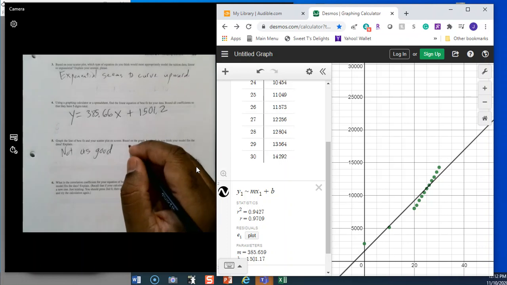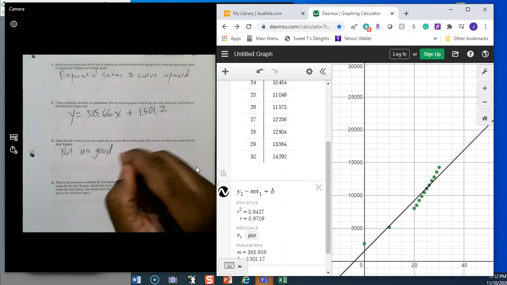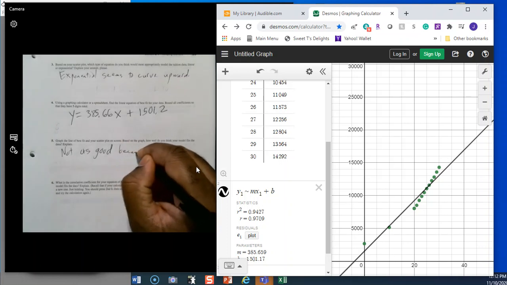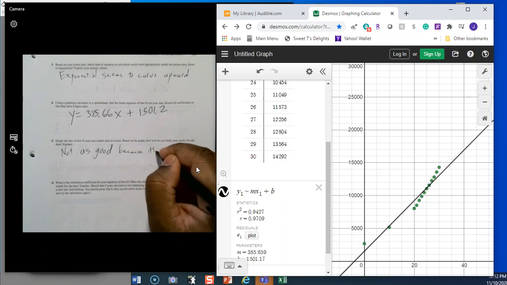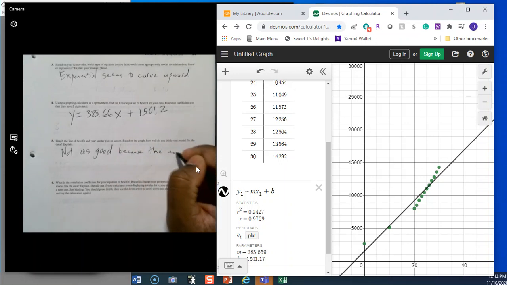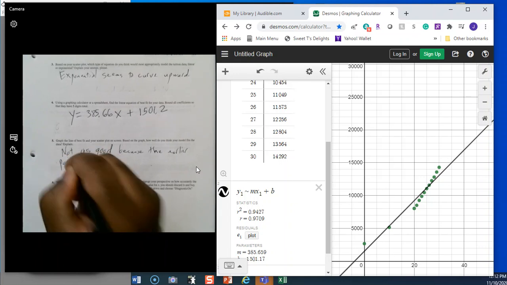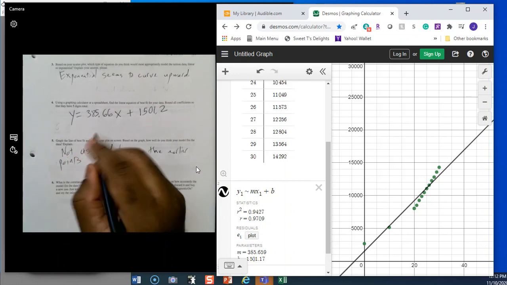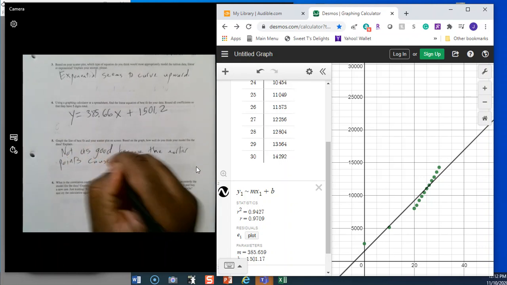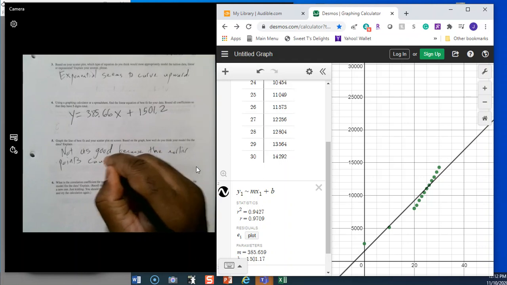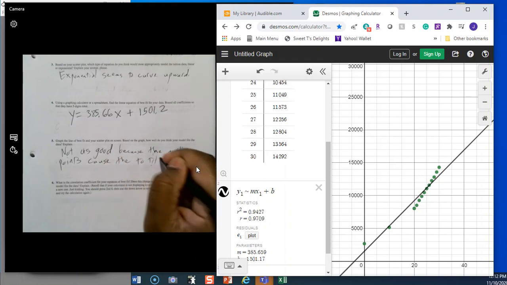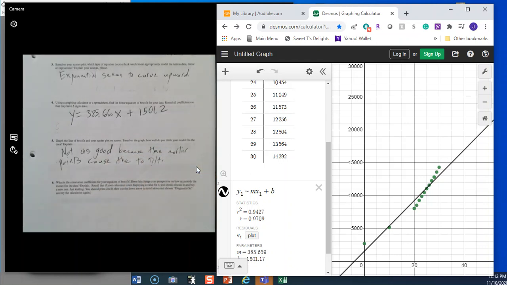So it'd be not as good because the earlier points cause the line to tilt.